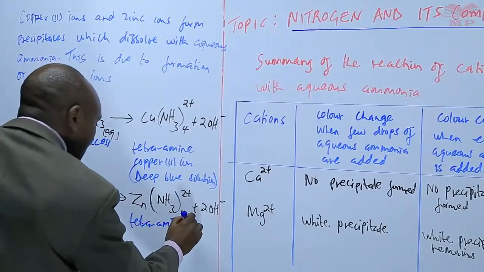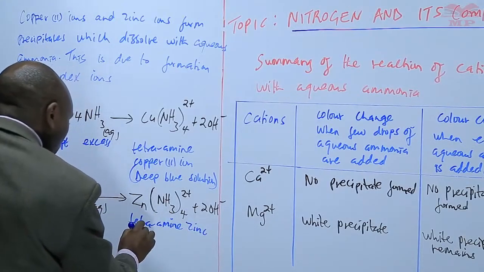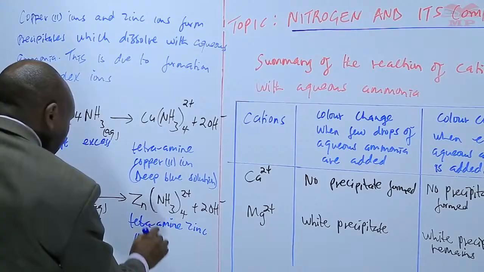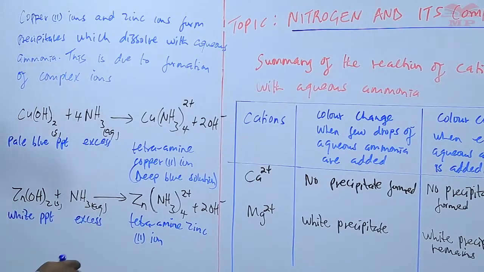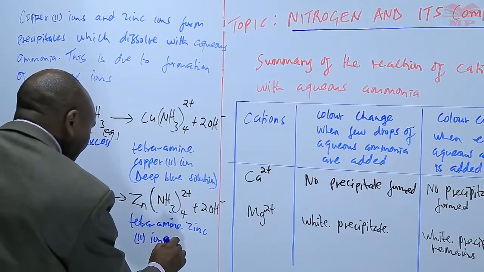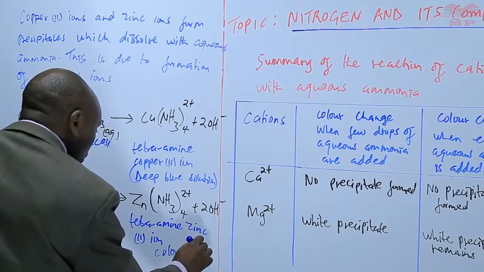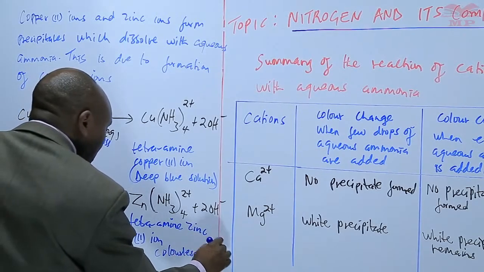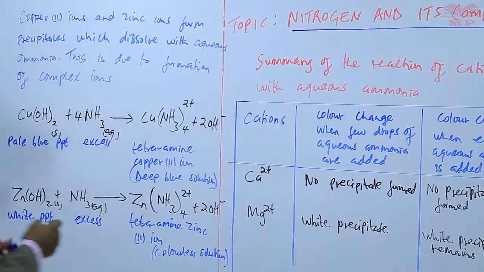Tetraamine zinc 2 ion. And tetraamine zinc 2 ion is a colorless solution. And that explains why the white precipitate is dissolving when you add the excess of ammonia.